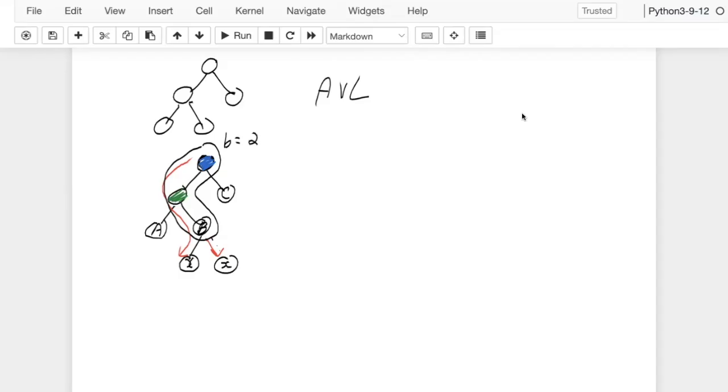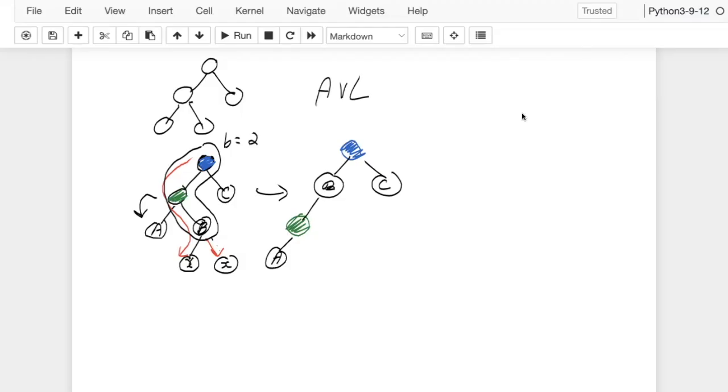So in other words, we do a left rotation by moving B up to get B. This is still C. And then the green node will go here. So the green node is smaller than B, so it has to be the left child of B. Okay, so this is A.